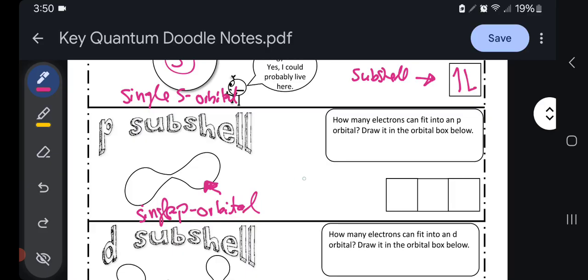Because you can have it on the X, on the Y, and then on the Z. And if each one of those holds 2, those are 3 subshells, and it can hold a total of 6 electrons. So you go 1 up, 1 up, 1 up, and then down, down, down.